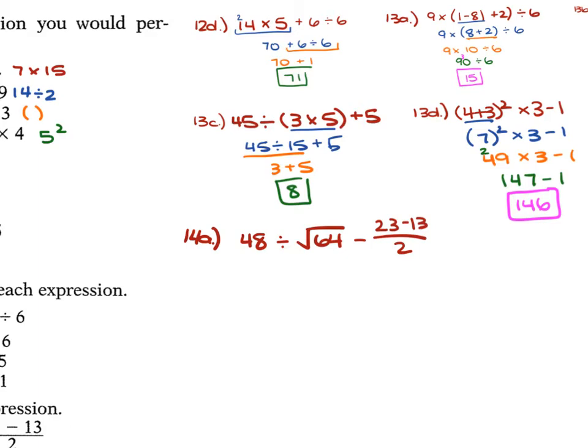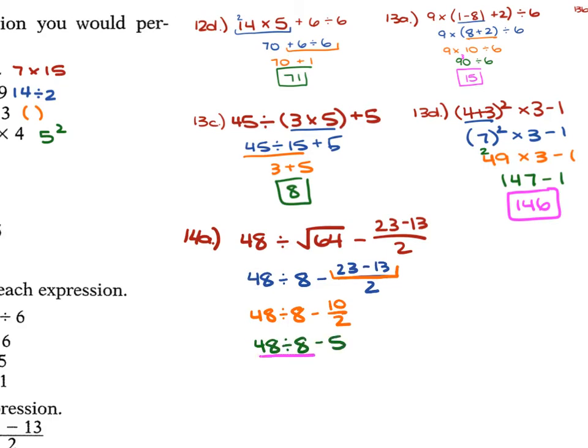So that's 8. So it's going to be 48 divided by 8 minus 23 minus 13 over 2. The 23 minus 13 we can also do to simplify that fraction. So this is going to be 48 divided by 8 minus 10 over 2, which is 5. So 48 divided by 8 minus 5. We'll do the 48 divided by 8 first, which is 6, minus 5 is 1.